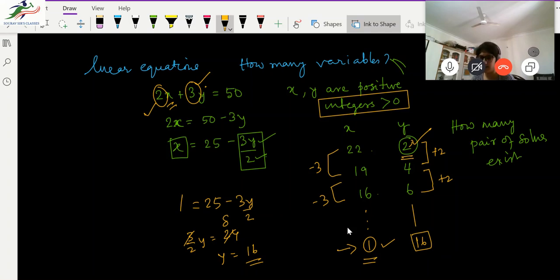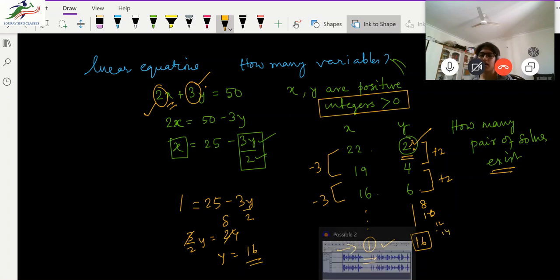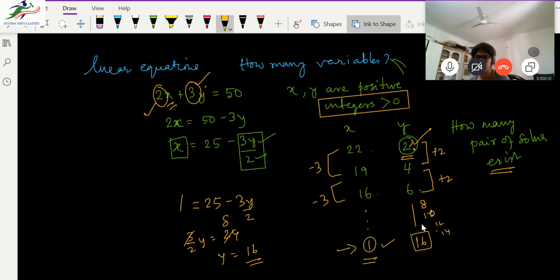So therefore, now can I say how many solution pairs are there? No. So it can go from 2 to 16: 2, 4, 6, 8, 10, 12, 14, 16, right?